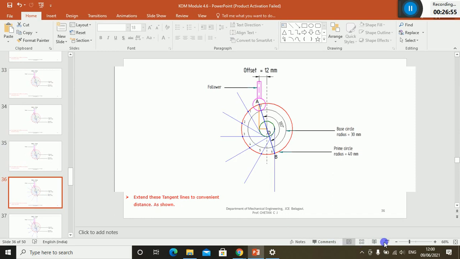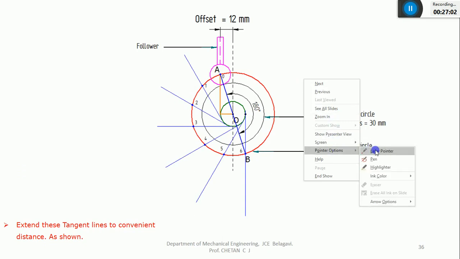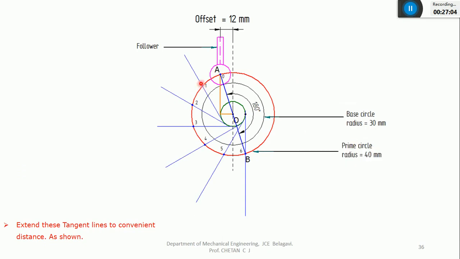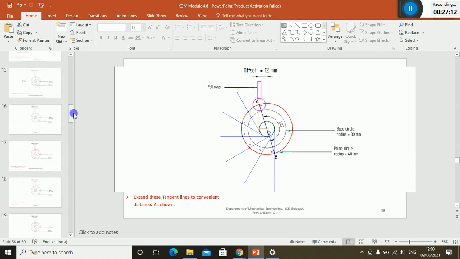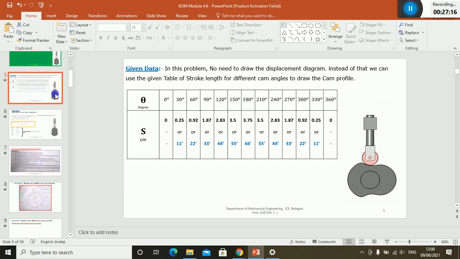So you have extended these points. I'll take the reference as this point 1. I know the distance, so I'll cut an arc. What was the distance? It was 0.25 centimeter, right? Yeah, it is 0.25.